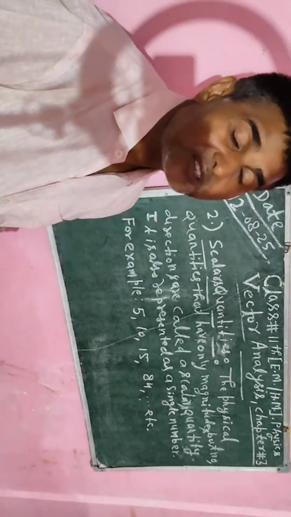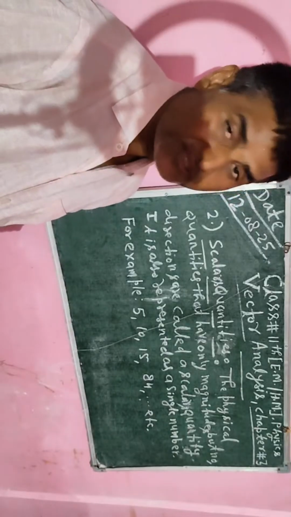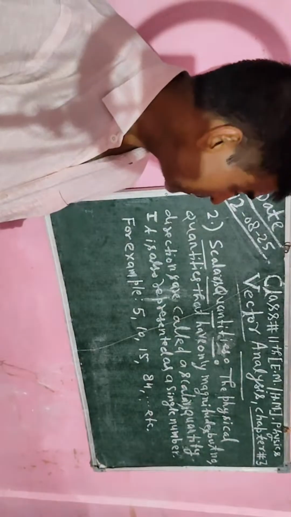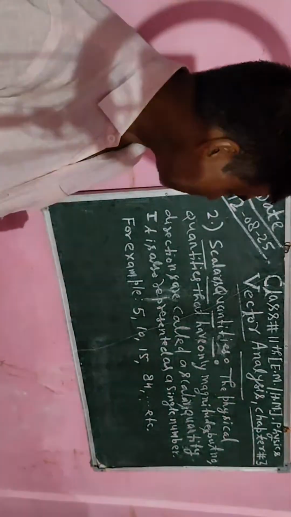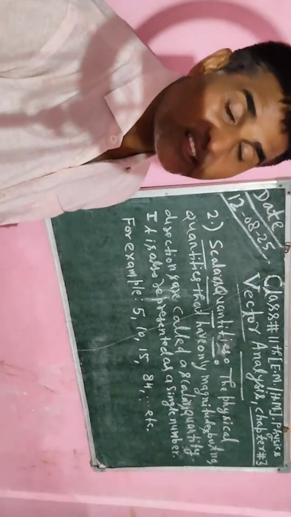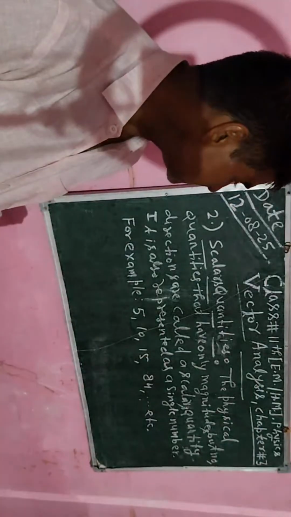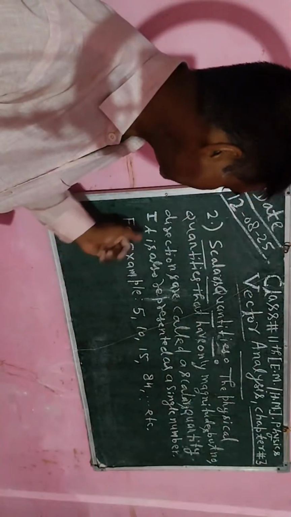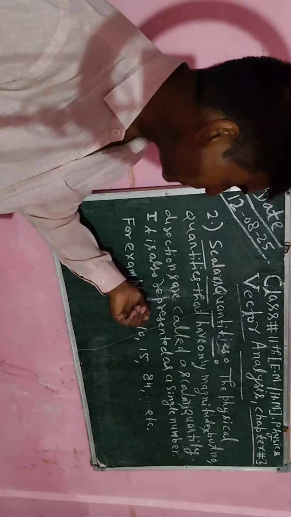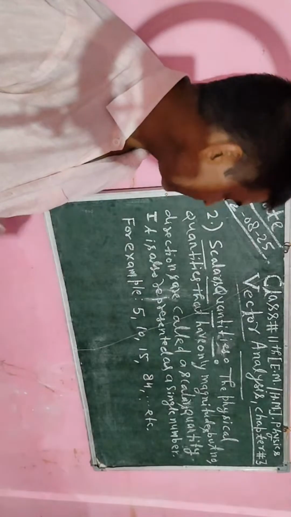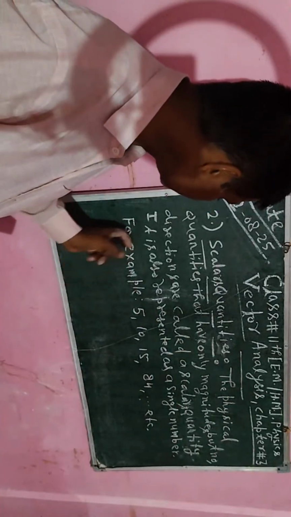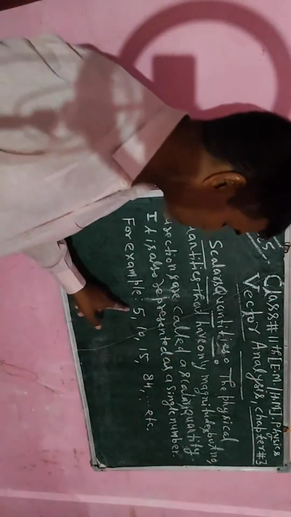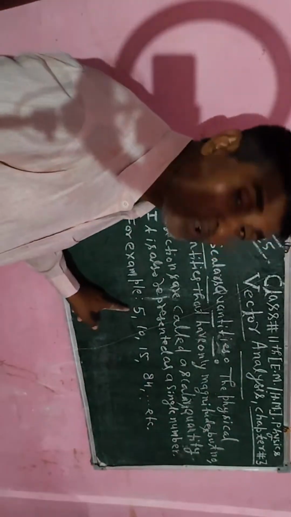Scalar quantity means what? The physical quantity that has only magnitude but no direction is called a scalar quantity. For example, it is represented by a single number, so I can write 5. This is a magnitude, this is a number, but it has no direction.